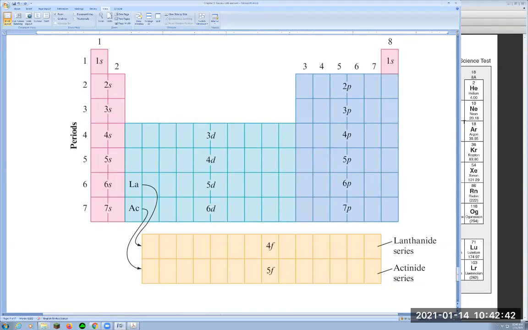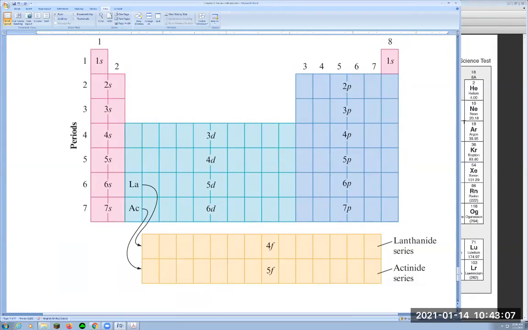The third shell and the fourth shell overlap, and the 3d subshell is higher in energy than the 4s subshell. So you will need to fill the 4s before you fill the 3d, and that's why the 3d appears here after the 4s and before the 4p.